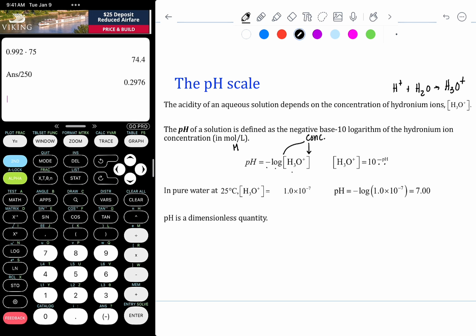So in pure water, the H3O+ concentration is 1.0 times 10 to the minus 7 molar. Therefore, we can plug this concentration right into the pH formula and put that into our calculator to solve for the pH of 7.